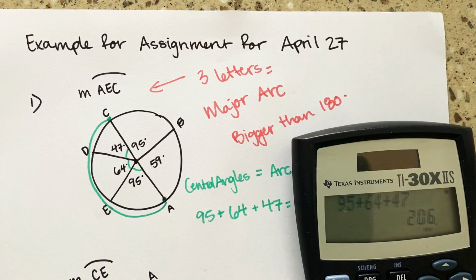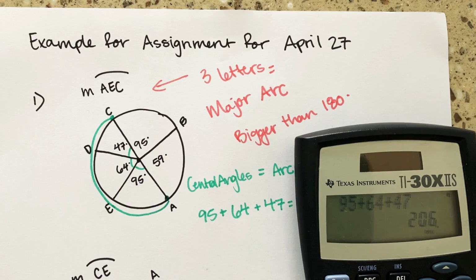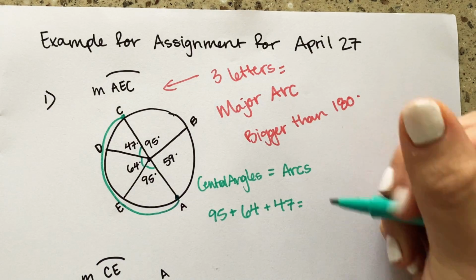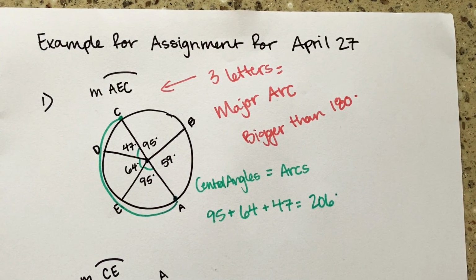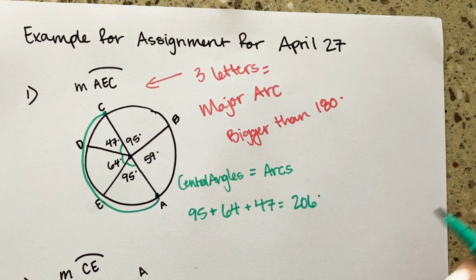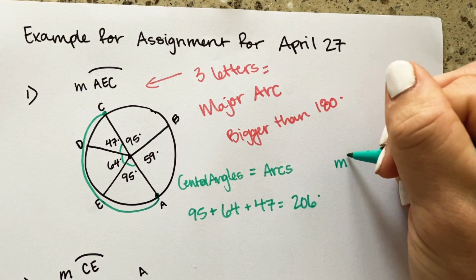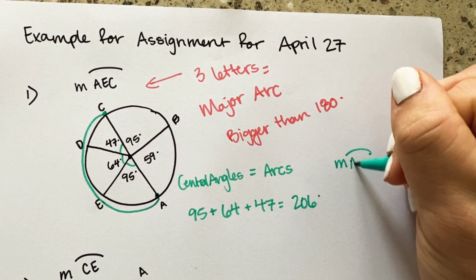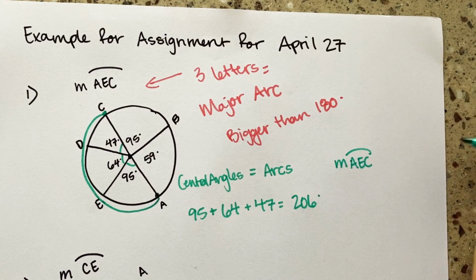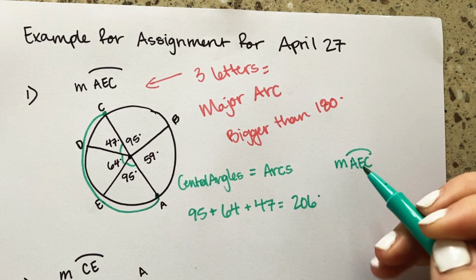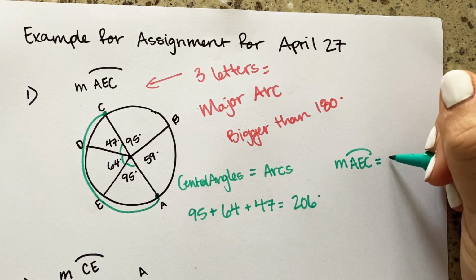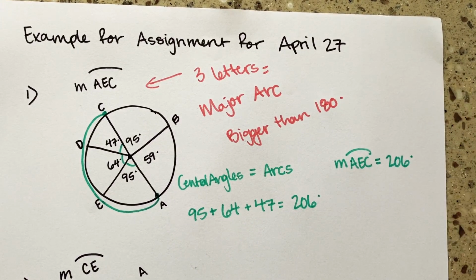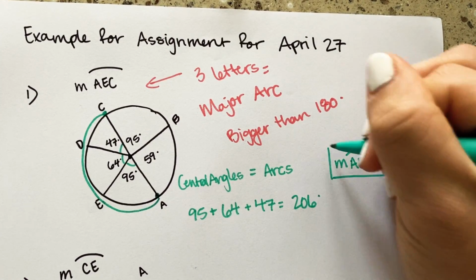And that is going to give us, ooh, I'm glad you guys just didn't think 180 degrees because it's definitely off. My drawing's not that great. 206 degrees. So that means for example 1, the measure of arc AEC on your assignment, it's going to be different letters, but it's exactly the same problem. AEC equals 206 degrees.